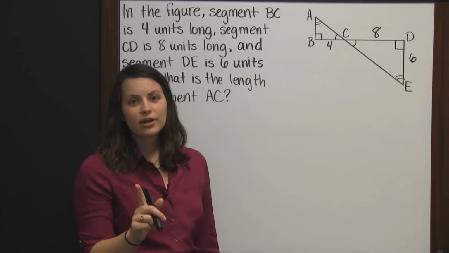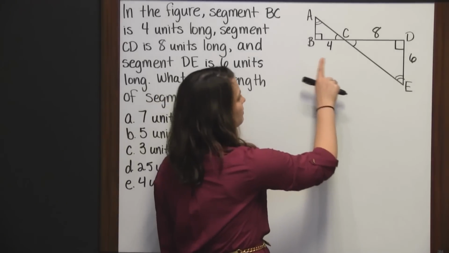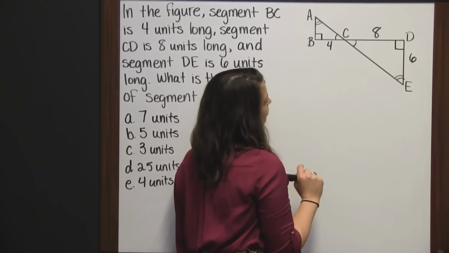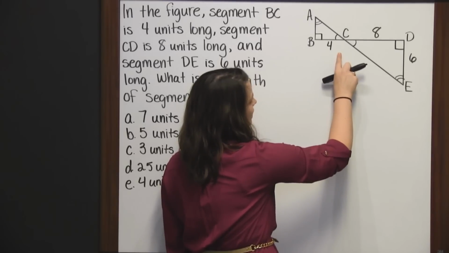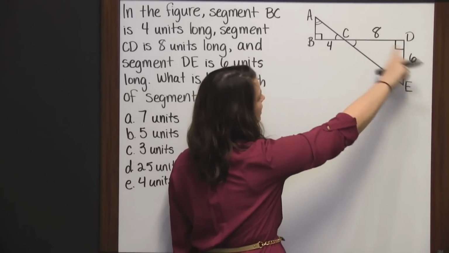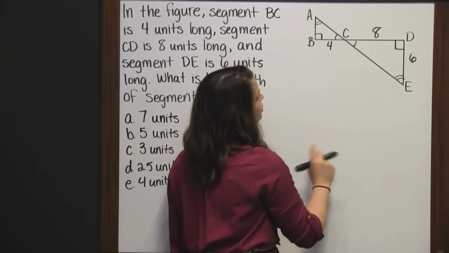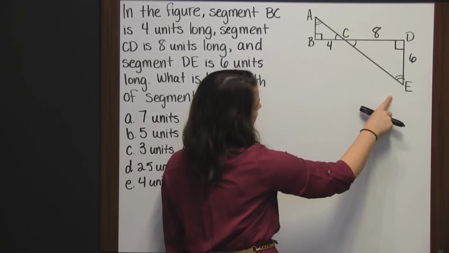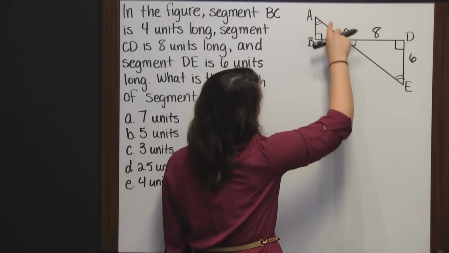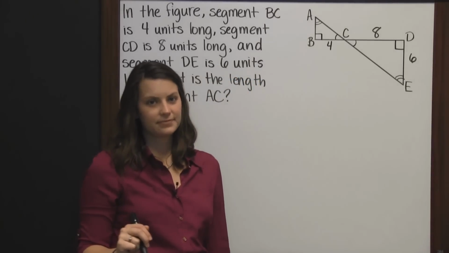And since these triangles are similar, that means that their corresponding sides are proportional. You see that segment BC is half of segment CD. 4 is half of 8. So if we can find the length of segment CE, then we know the length of segment AC is half of that.